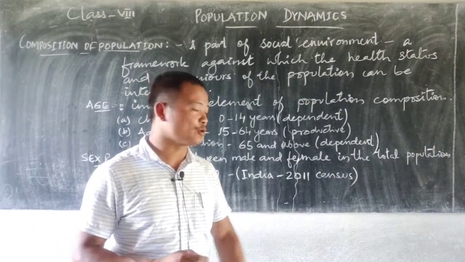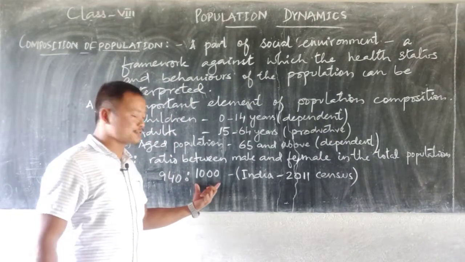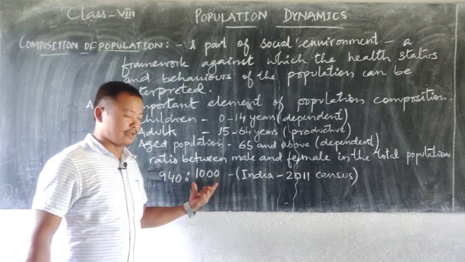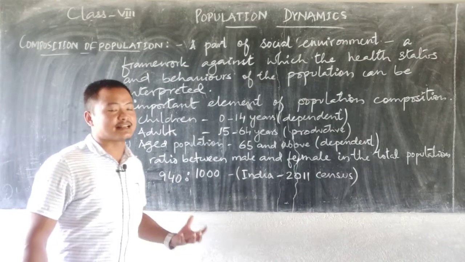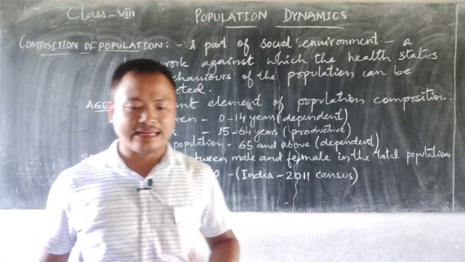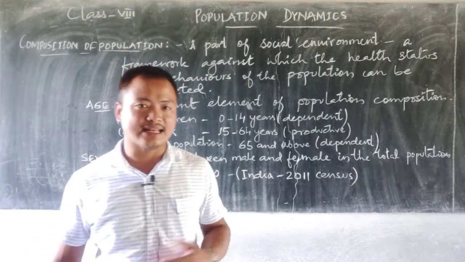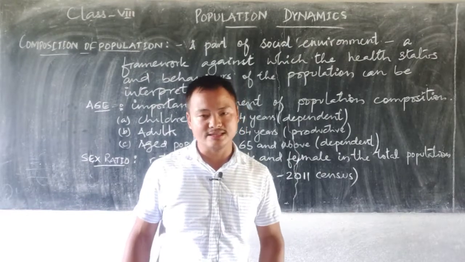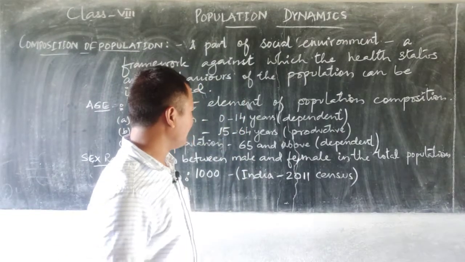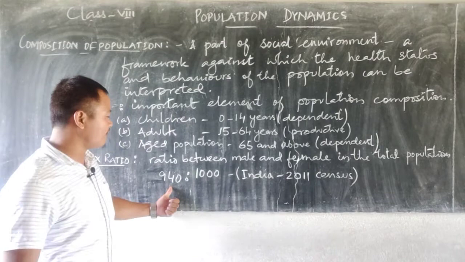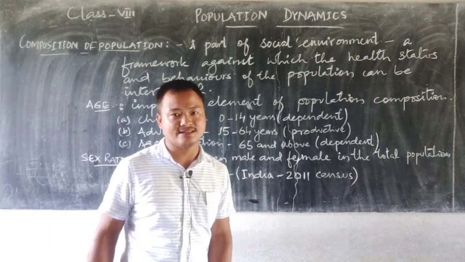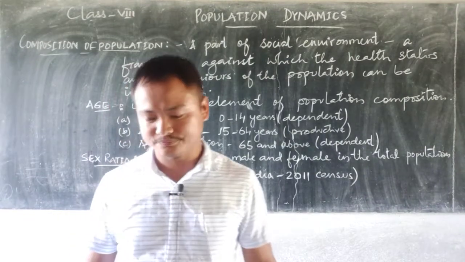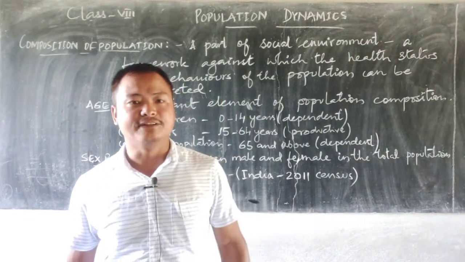That means for every 1000 males, the female population is 940. So in India the female population is less while the male population is more. This data is as per the 2011 census, carried out in India every 10 years.